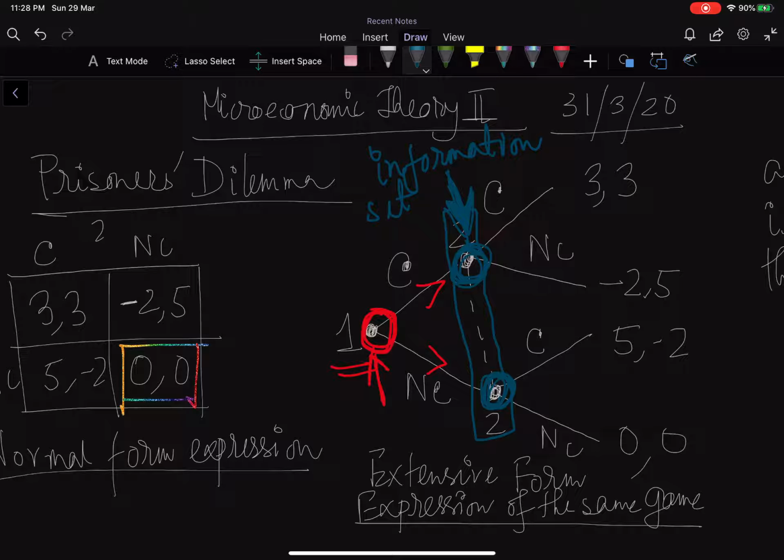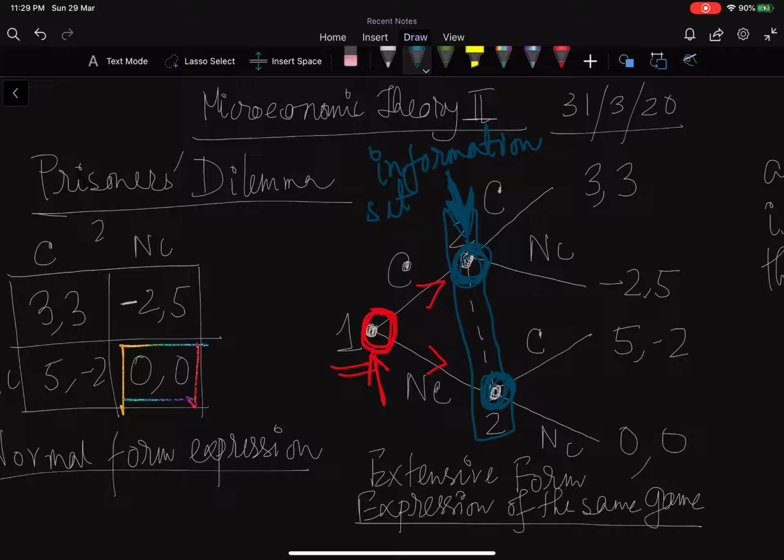Now of course in this game, because it is simultaneous move, it doesn't matter whether you make player 1's move first and player 2's move second or the other way around, because in either way one player wouldn't know what the other player's choice is when making his strategy choice. So when player 1 makes a move, player 1 doesn't know what 2 has chosen, and when player 2 makes a move, player 2 doesn't know what 1 has chosen.